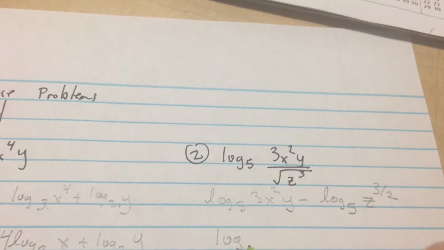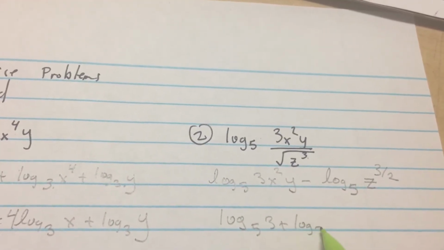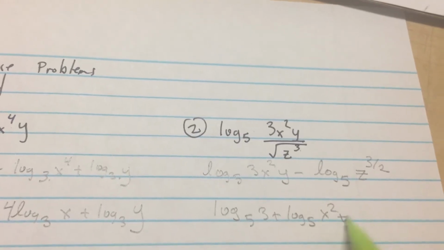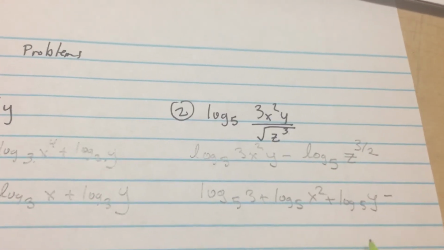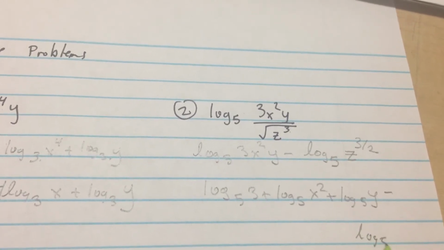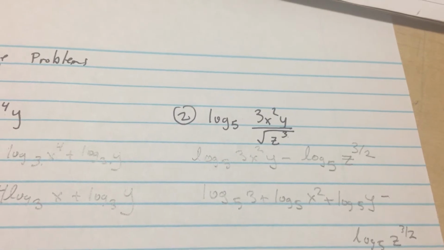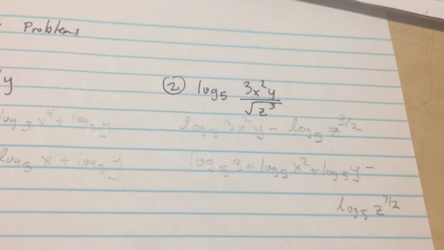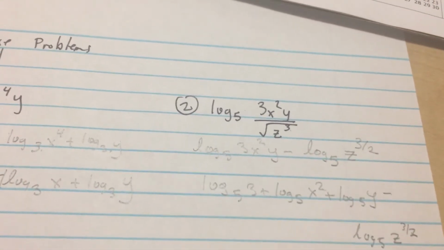Break this apart. Log base 5 of 3 plus log base 5 of x squared plus log base 5 of y minus, I ran out of room, the log base 5 of z to the power of 3 halves. So final answer, I'm going to bring the 2 in front, bring the 3 halves in front.